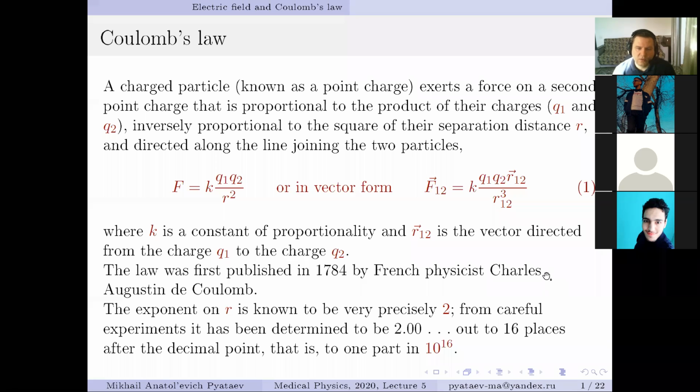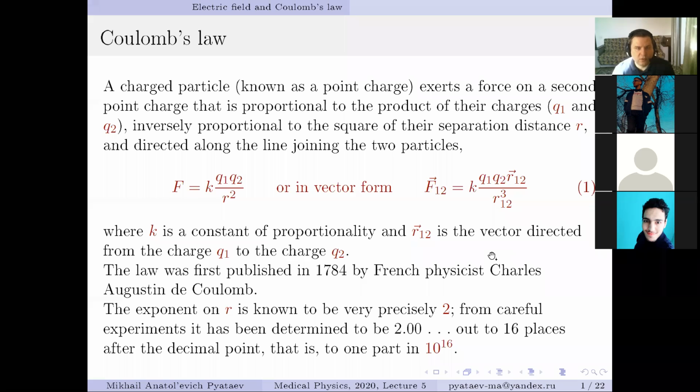Of course, there are many others, but we'll discuss only electrocardiography, ECG, and something related to appearance of electric signal in this process.